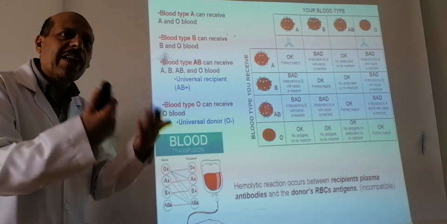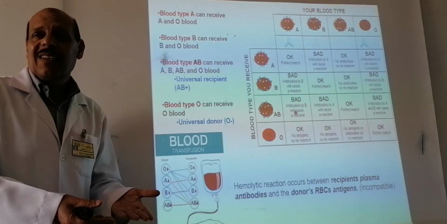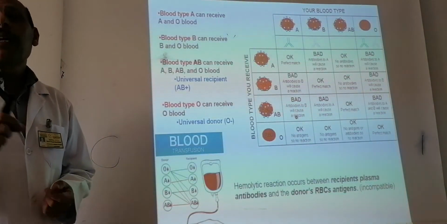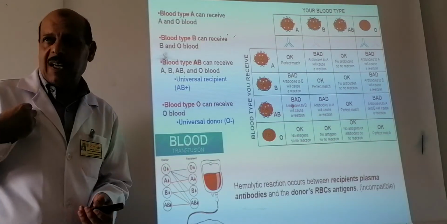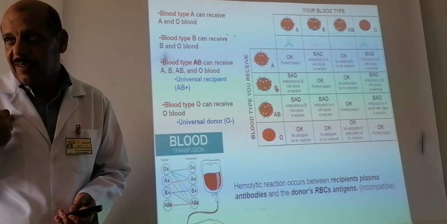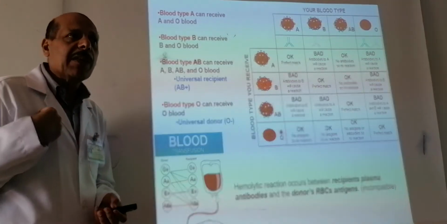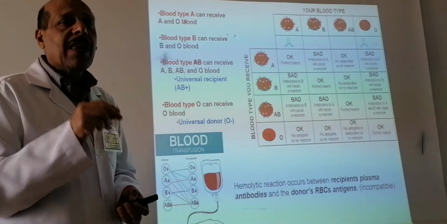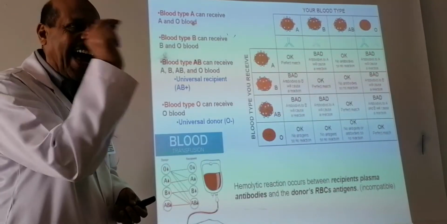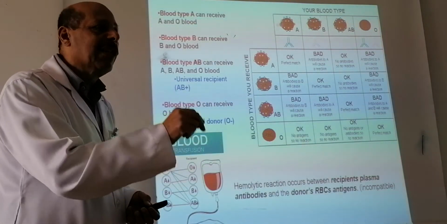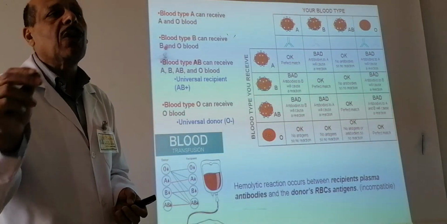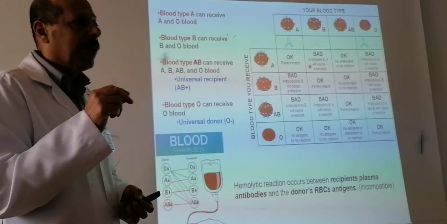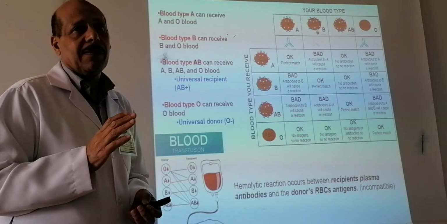So there will be no reaction. The reaction comes from the plasma of the recipient. Because it has the antibody, it will attack the transferred blood cells if they are a different type.